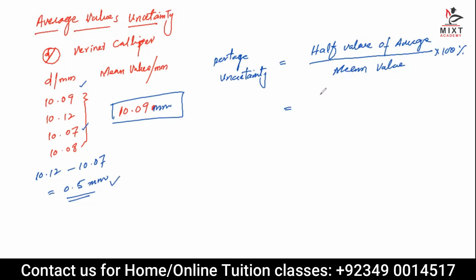I take half of this, I will get 0.025. Now divide by the mean value, 10.09, and multiply by 100%. That is the formula we have to use for the uncertainty of the mean value. And I will get 0.25%. So it means my mean value has a variation of 0.25%. It's fine?